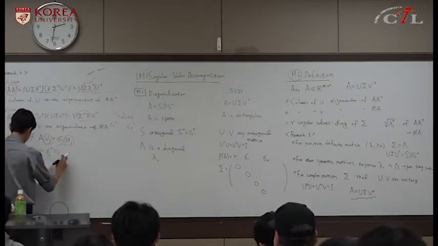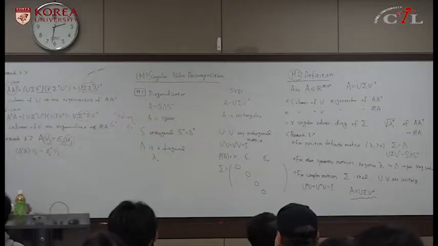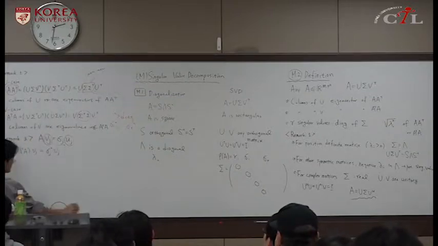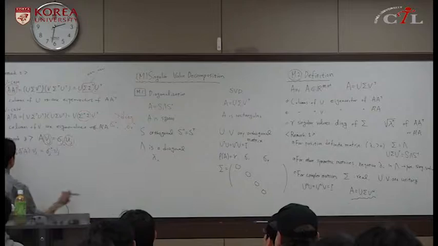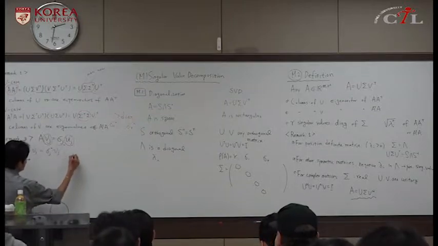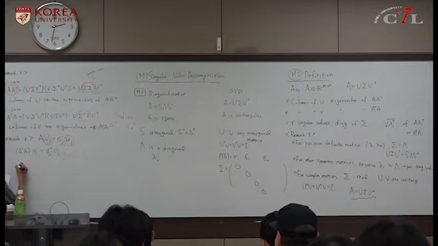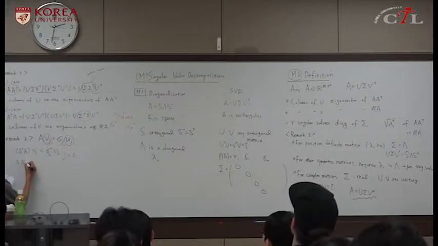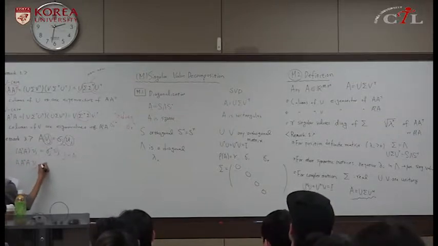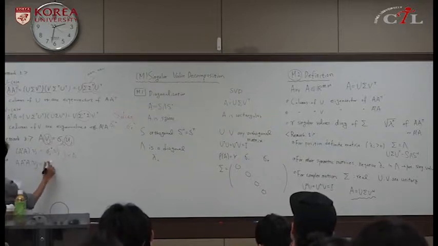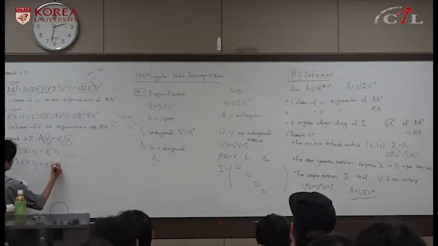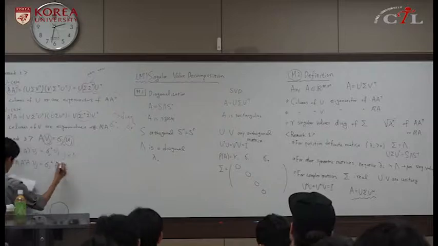So we have this relationship. Then let's multiply A on both sides. Then A transpose A Vj equals, since this is a scalar, it can come to the front, sigma j square A Vj.